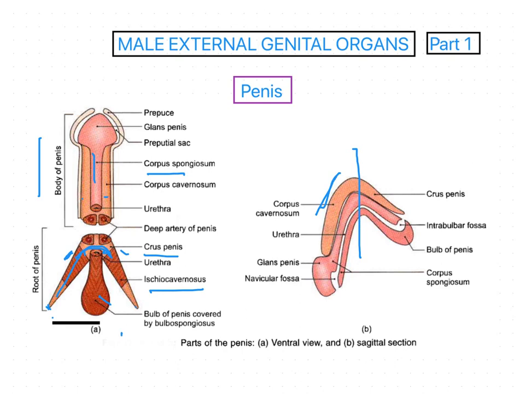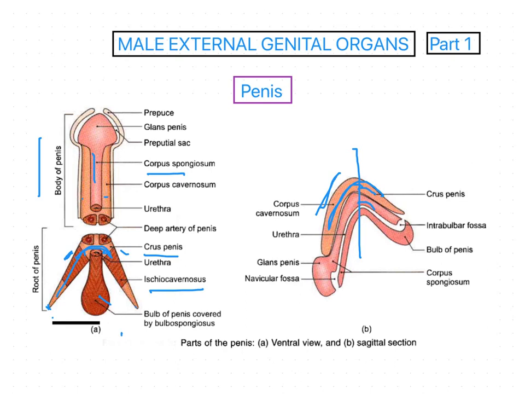In the sagittal section you can see it sharply bends forward to become continuous with the corpus cavernosum of the body of the penis. And the part of the urethra.